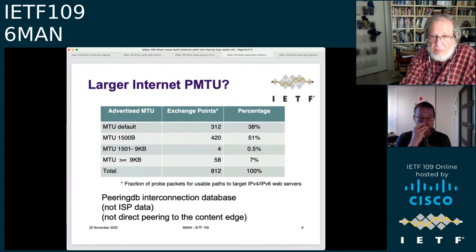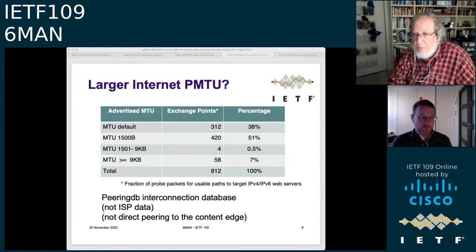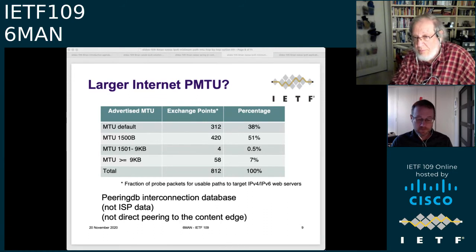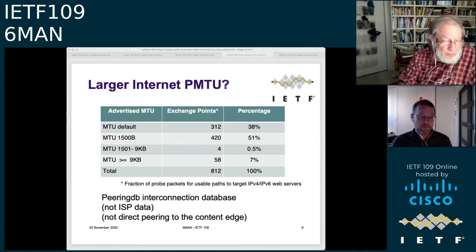There is a 7% of IXs, internet exchanges, that actually support a big MTU, so that's pretty good. It might not help you in general. We don't have ISP data, and I suspect if we had ISP data, we'd find that many ISPs at the edge give you 1500 or slightly less. We know that from previous work. So this isn't really a complete data set, it just shows where one of the bottlenecks is.